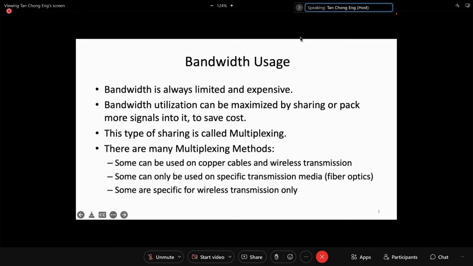In simple terms, for a computer system sending digital data, most of the time we talk about bits per second. That is the bandwidth for sending digital data. But before we go into that, we have to talk about bandwidth in terms of the signal itself. As you all remember, our 1s and 0s have to be carried by some analog signal, isn't it?